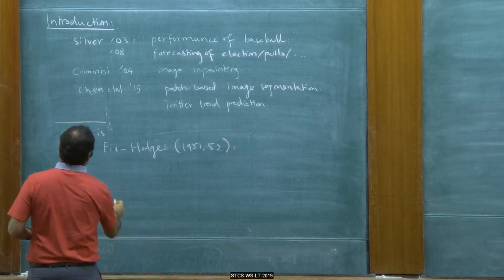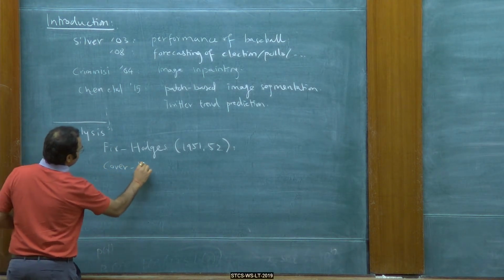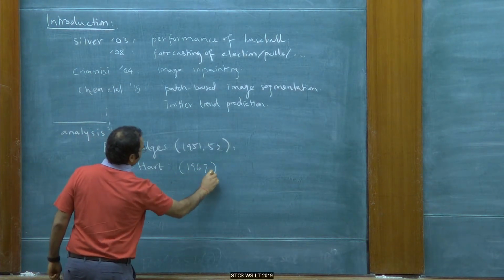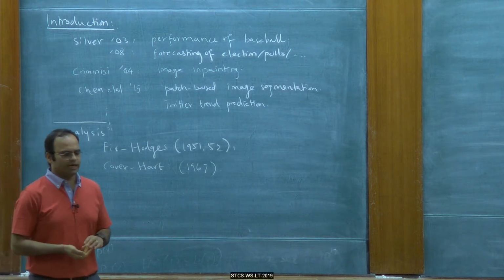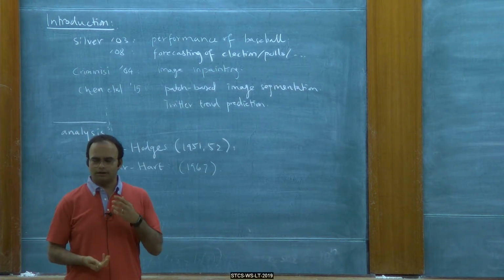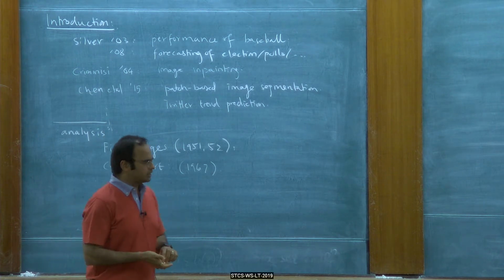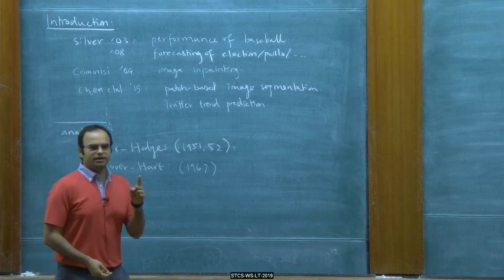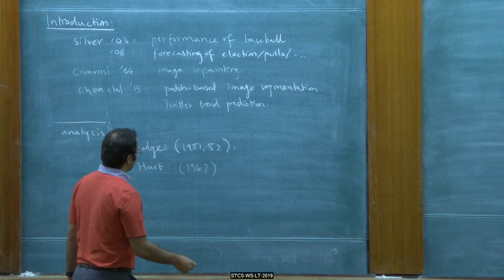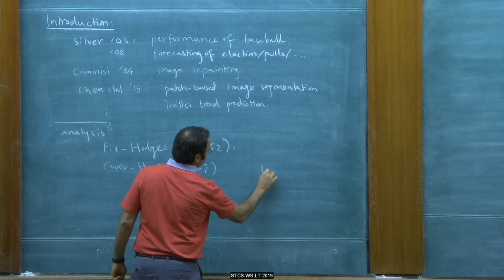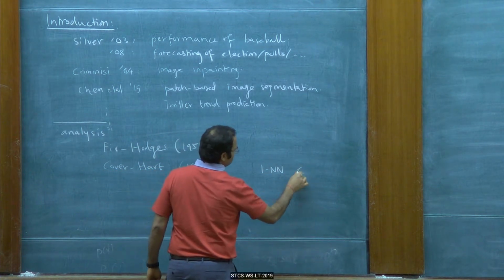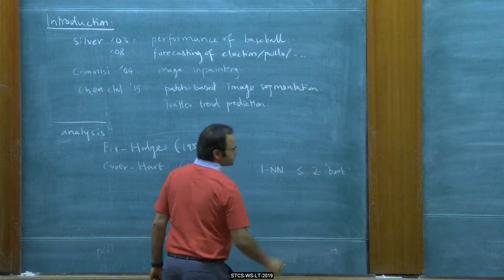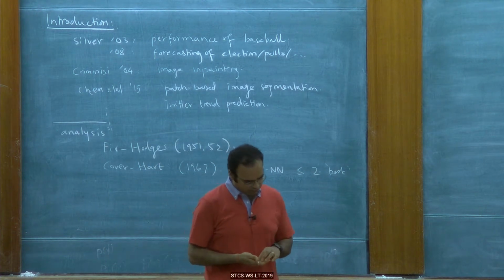Then Tom Cover at Stanford and Hart, who was a student, in 1967 wrote a really interesting paper where they argued that in the large sample limit, asymptotically, the classification error of one nearest neighbor, and I'll define that more precisely, is no more than 2 times the best classification error you can get, which would be that of a Bayesian classifier.